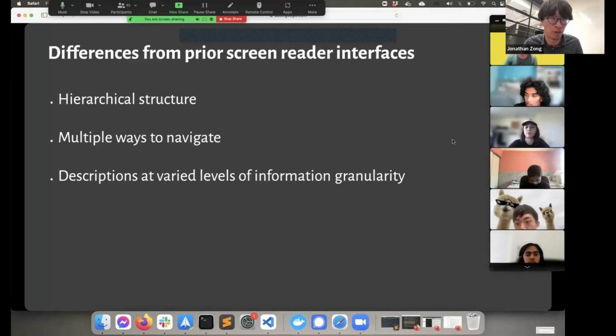But actually, the screen reader is used by people with a whole range of visual ability. I'll talk about this a little more later, but when we ran a study and recruited some users to test out this system, initially we were only talking with blind users, but then we realized some people who have low vision or partial vision use screen readers in conjunction with magnifier apps, for example.